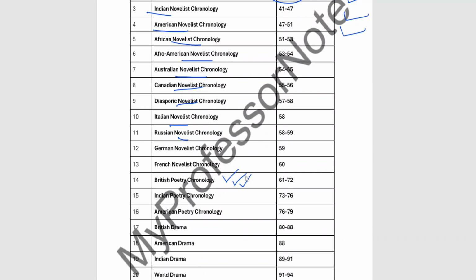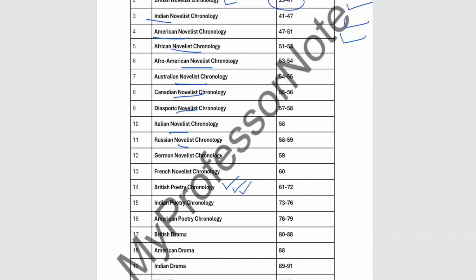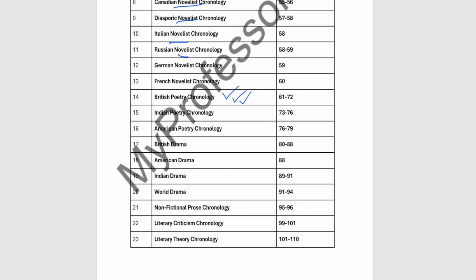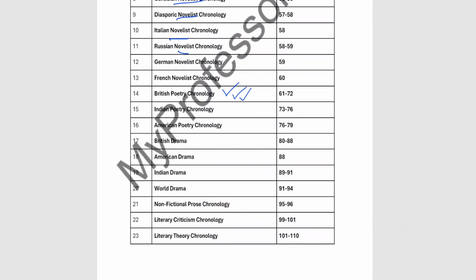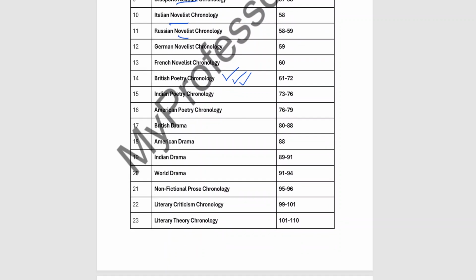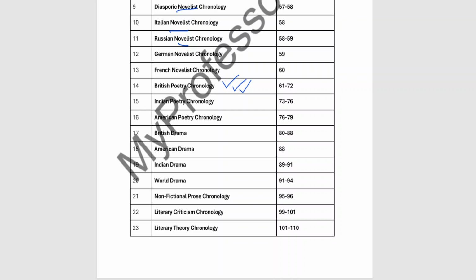They have written only one or two poems, the poetesses, right? So poetry is less in number even in our syllabus, and novels are quite more, because modernism, postmodernism, it's all novels. Only a few dramas and a few poetries we have there.